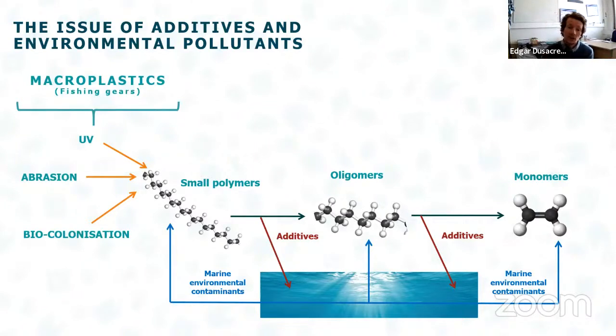And during that degradation, some additives can leach from these polymers and go into the natural environment. On the contrary, other environmental contaminants can also be absorbed onto these different polymers.